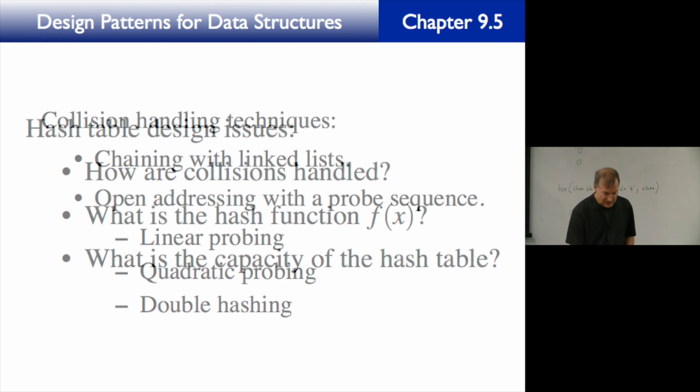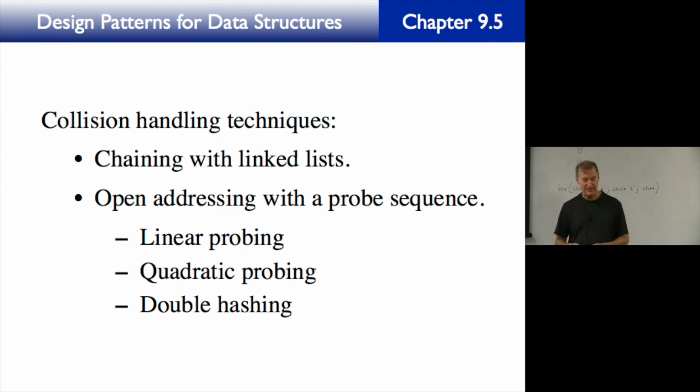So now the first thing we're going to look at is collision handling techniques. Actually, here's the answer to your question right here. There are two primary collision handling techniques. The first technique is called chaining with linked lists.